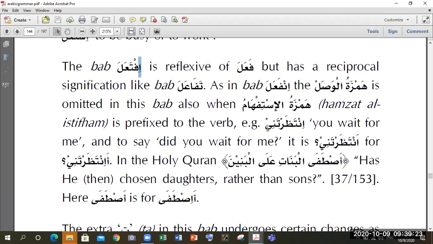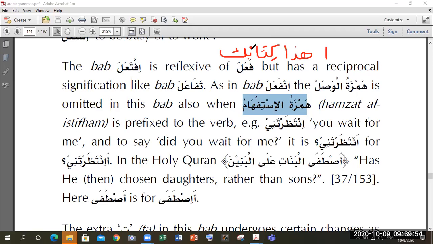The example is hamzatul istifham. Ahada kitabuki. For example, if I ask Nashmi, I'm asking you, can you translate it?